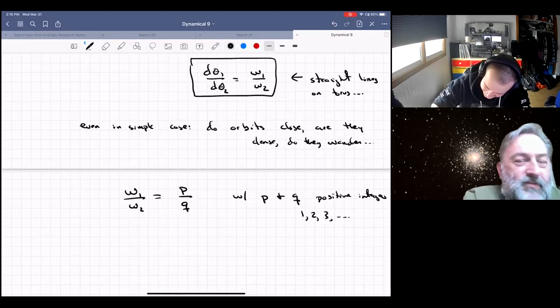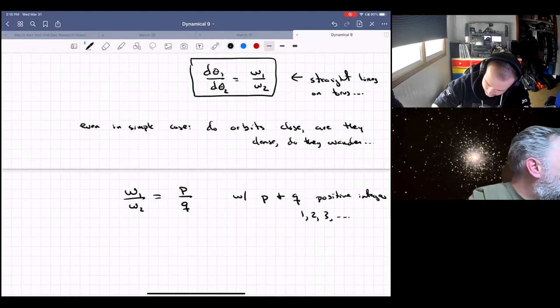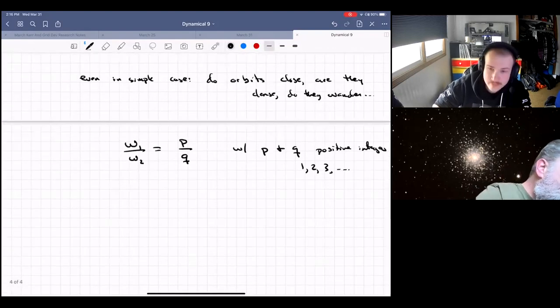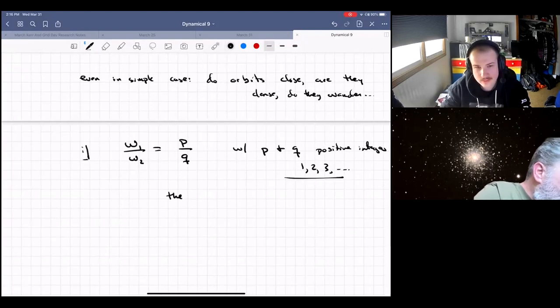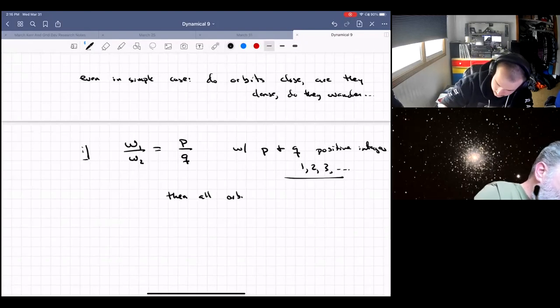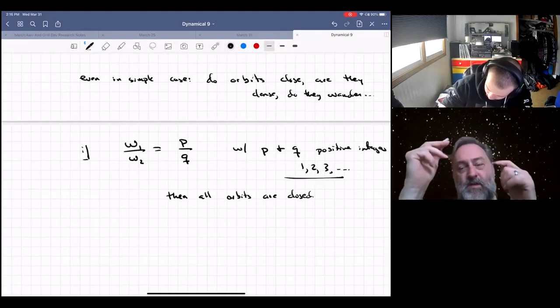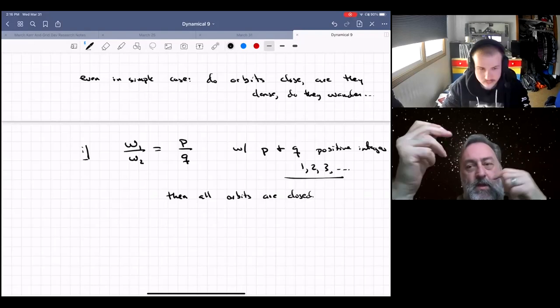All right, so if this is the case, then all the orbits are closed. Because basically what happens is it'll wrap around the theta coordinate.